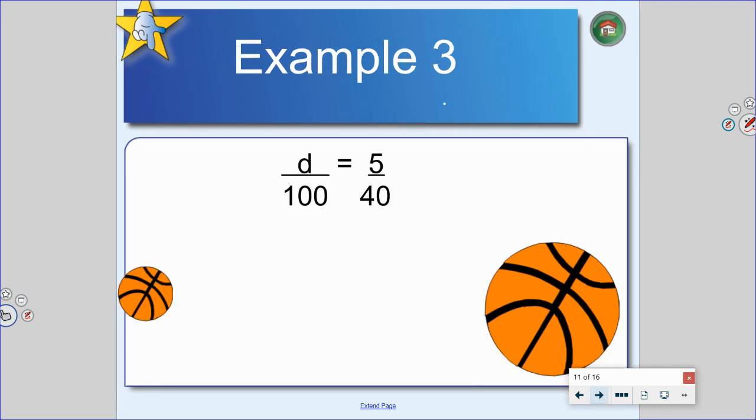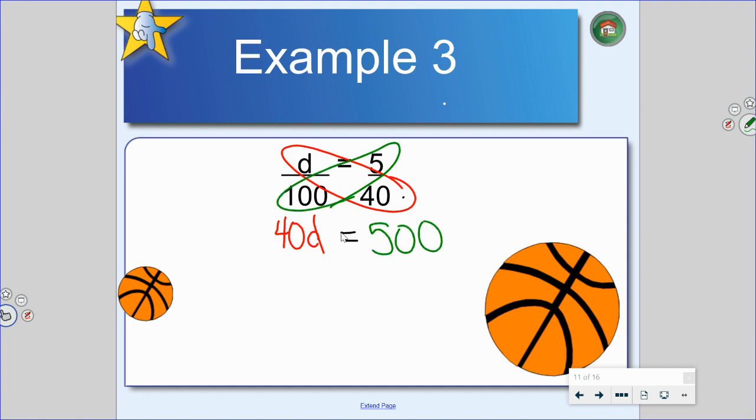All right, let's go ahead and solve that together. Does 40 go evenly in 100? No, although some of you might know something that could be multiplied by that. Meanwhile, the rest of us, 40 times some number D, 5 times 100. We would like to know what D is, not what 40 Ds are. So let's divide both sides by 40.